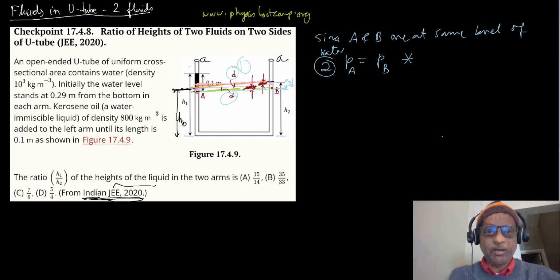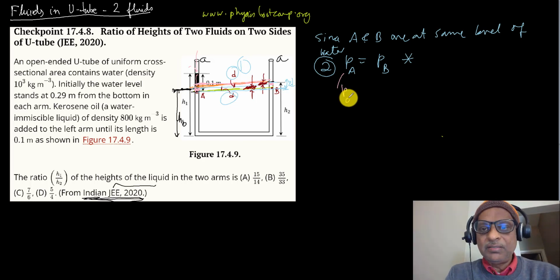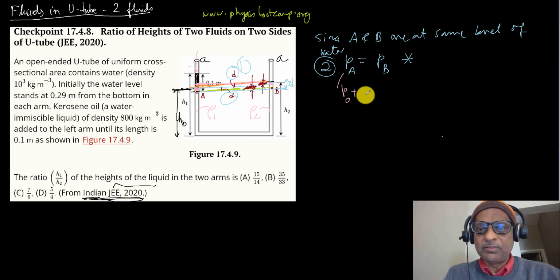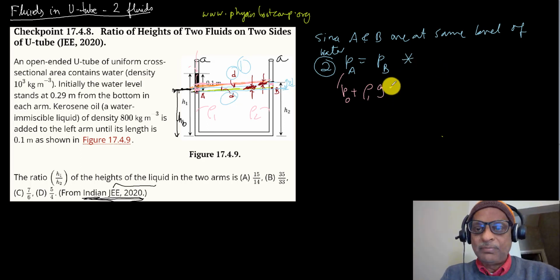Let's do the trivial parts. So PA, where's it going to come from? Atmospheric pressure plus this. So you're going to have P0 plus, let's call this rho 1, and this side rho 2 for simple writing, rho 1 G, and you have delta H. Let's call delta H 0.1 meter.